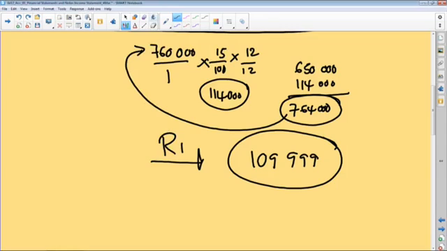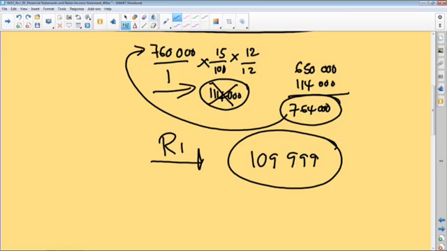Once again, let me recap this particular adjustment for you. Your normal depreciation that you were supposed to work out amounted to 114,000. But because this will result in a higher accumulated depreciation, that is not possible. You cannot have an asset with a negative value. Therefore, discard that amount. Don't look at it.